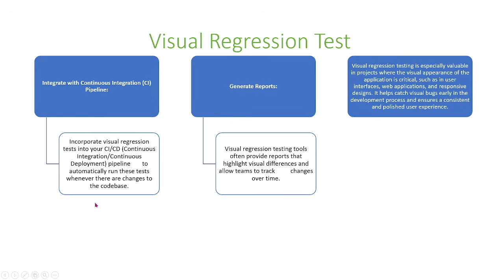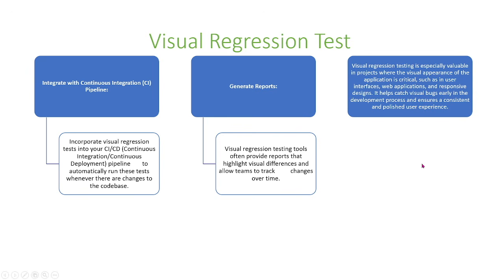Incorporate visual regression tests into the CI/CD pipeline to automatically run these tests whenever there are changes to the code base. Visual regression testing tools often provide reports that highlight visual differences and allow teams to track changes over time.